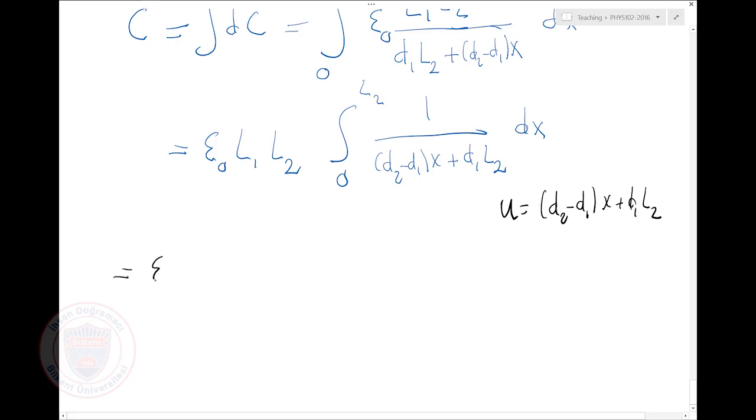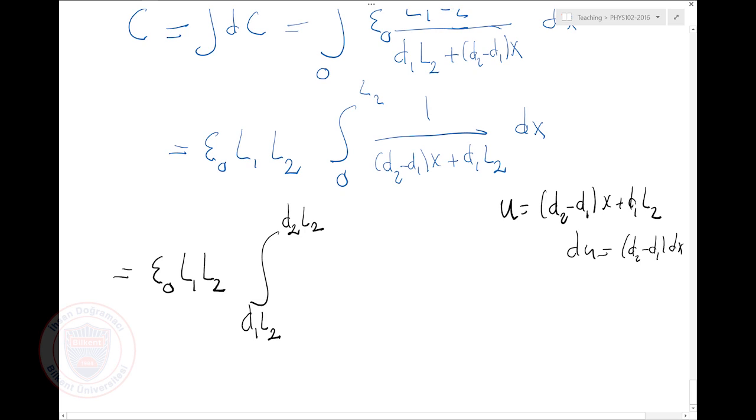So this is going to be epsilon 0 L1 L2 times... What's du? du is d2 minus d1 dx. What's the lower limit when I put x equals 0? I start from d1 L2. When I put x equals L2, I find d2 L2.